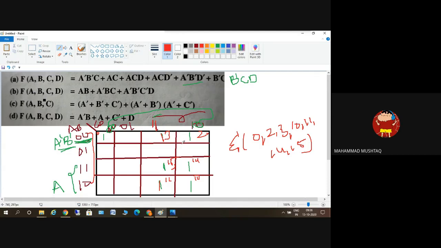Okay. Sir, can you repeat B bar CD, sir? You tell me. So B bar CD. నువ్వు చెప్పు. సో అంటే రో టర్మ్ ఏంటి మనకి ఇక్కడ? So what is the row term? చెప్పు, రో టర్మ్ ఏంటి ఇక్కడ? B bar, sir.